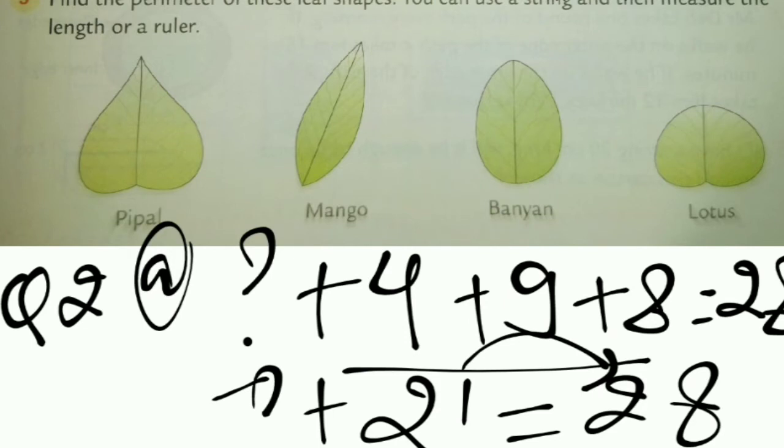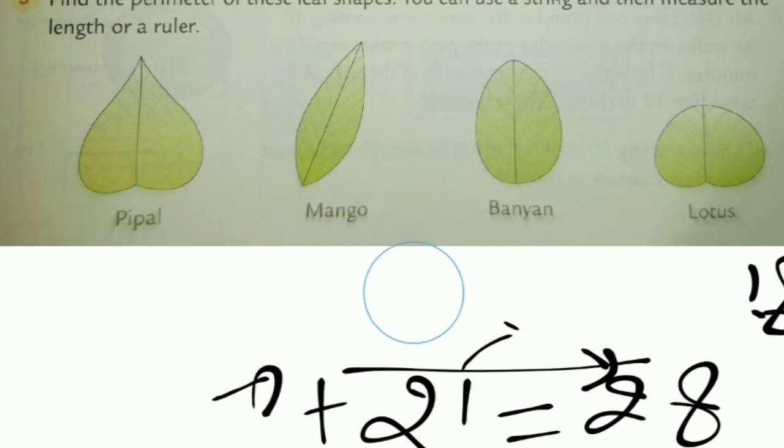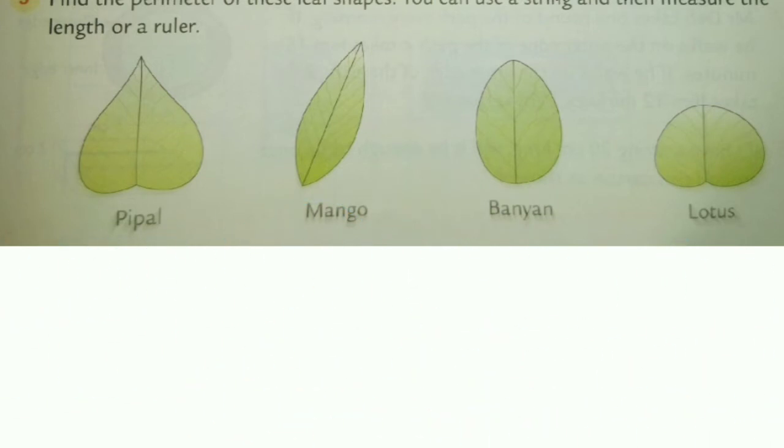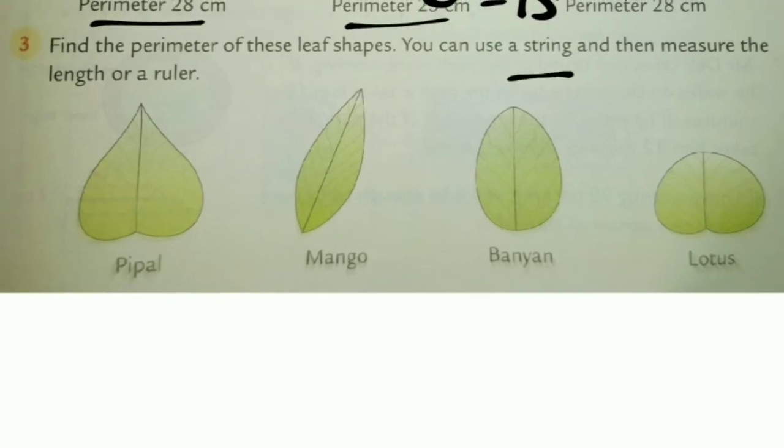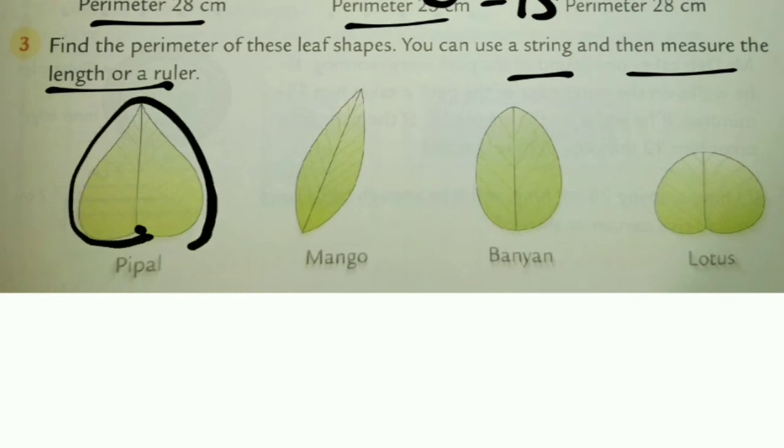Next, question number 3. In question number 3, we have to find the perimeter of the given leaf. You can use a string and then measure the length with a ruler. So in this one, you put the string here, and then you can cover this full figure. After that, you can open it.